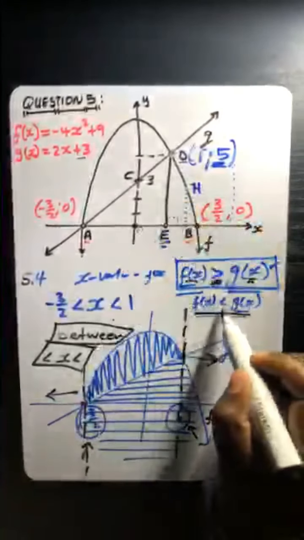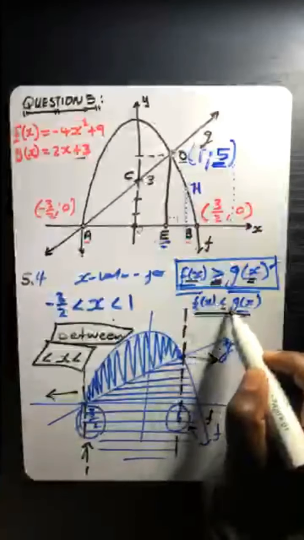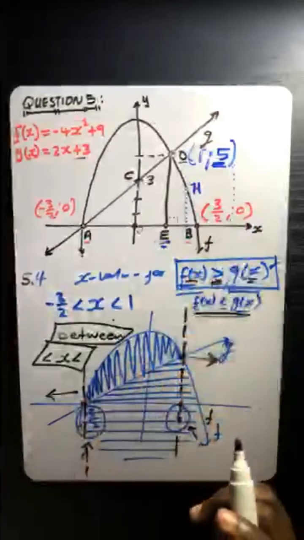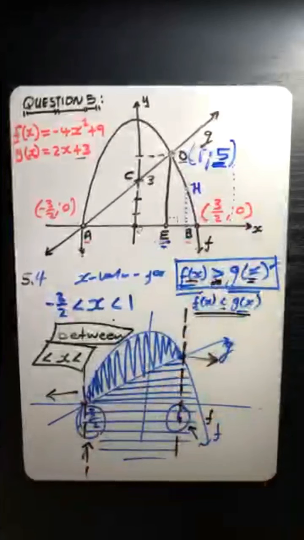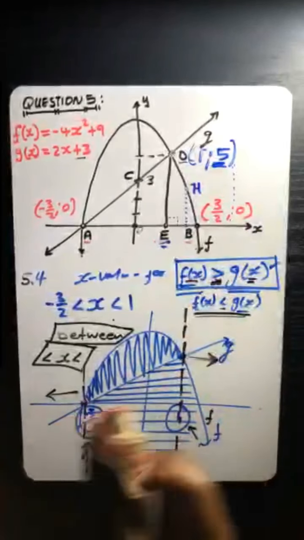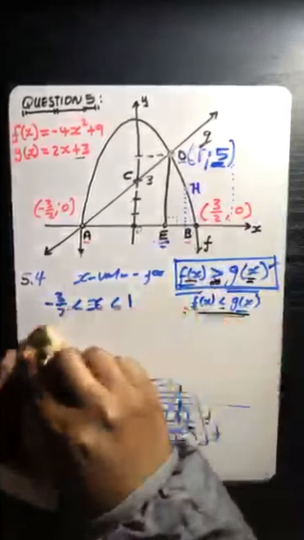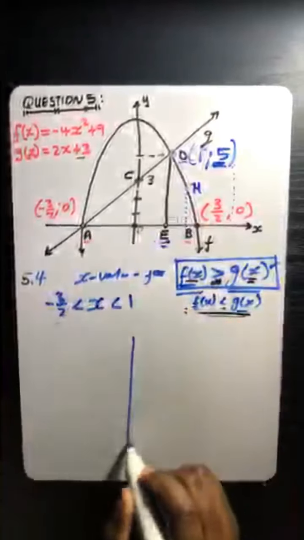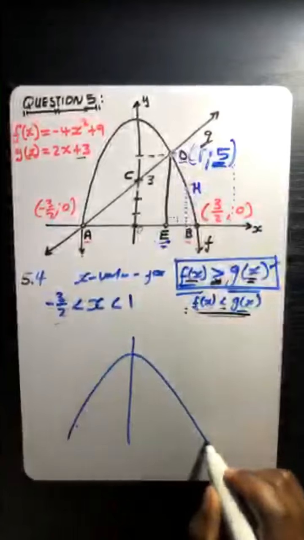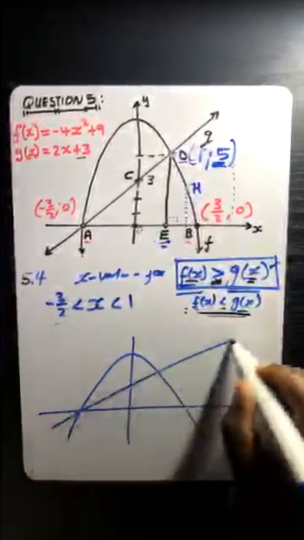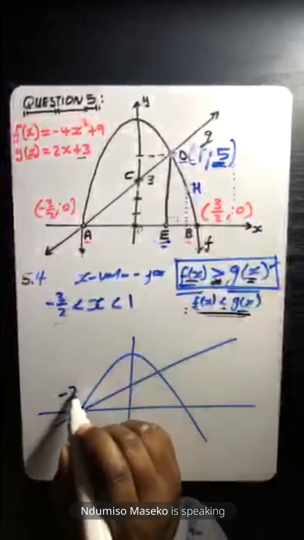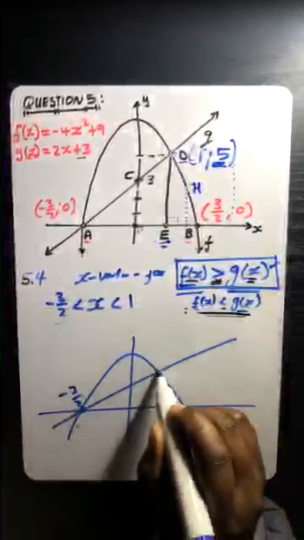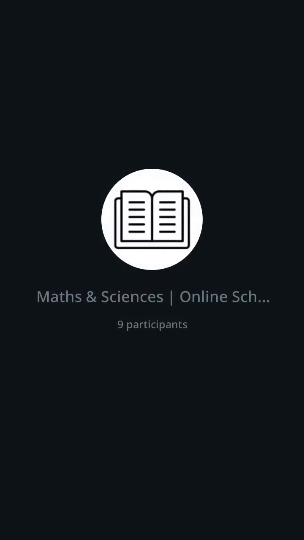If something is less than, it means it's below. Let me quickly redraw that to answer the question. So now we have -3/2 at this point, and the x value there is 1.